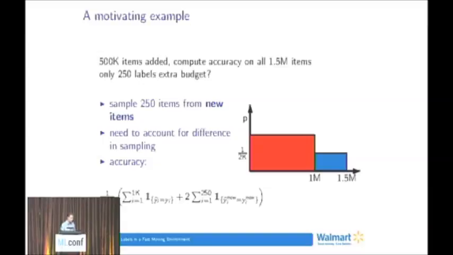So the expression for accuracy in this case is a weighted accuracy. We compute the accuracy effectively on the first 1,000, and then we sum up the accuracy computed on the next 250 labels, but we give a weight of 2. That's why there's a 2 in front of the second part of that expression. And then we normalize by 1.5K because we counted the 250 labels twice.